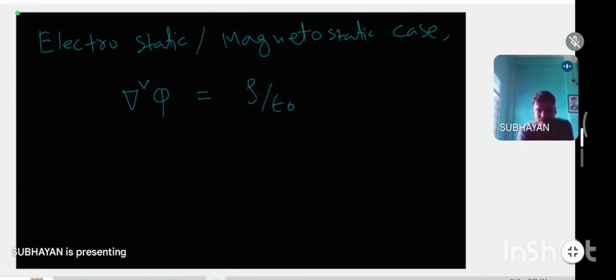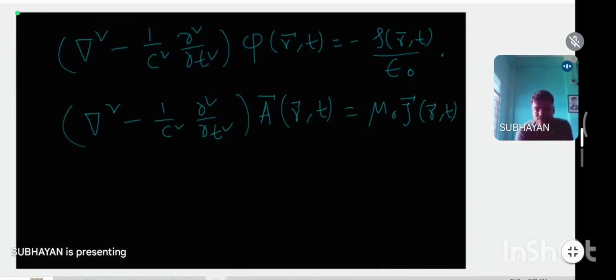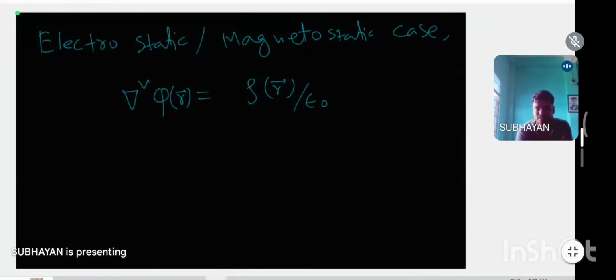In general, this phi will not be a function of time; it will be only a function of space, and the sources will be static sources. So that's why it's not the time varying one. So this is a special case of this equation where the source is static. So this is the electrostatic case.